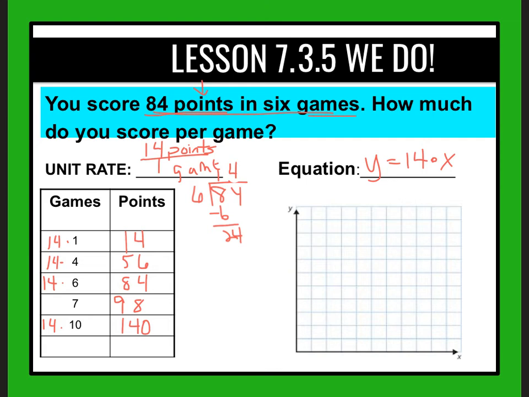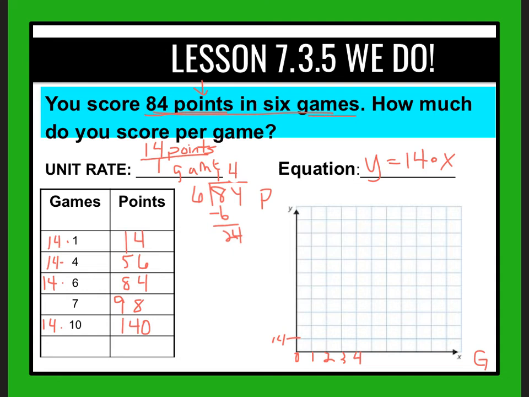So, if I look at my graph, I should also begin to see that nice constant rate of change in my graph. So let's say I was just going by ones, and I'm just going to graph a few here. I know that I'm going every 14 points.